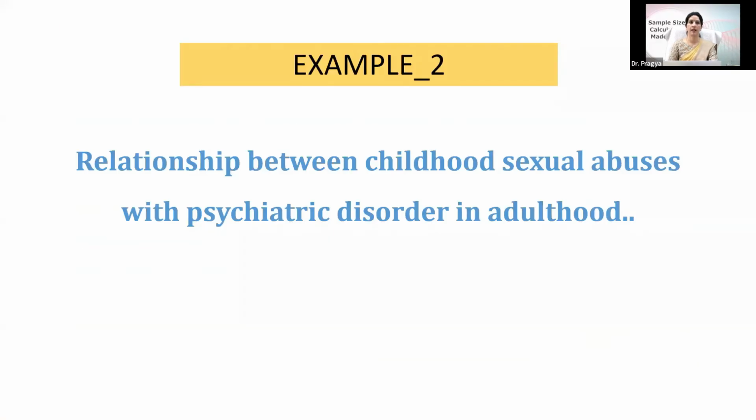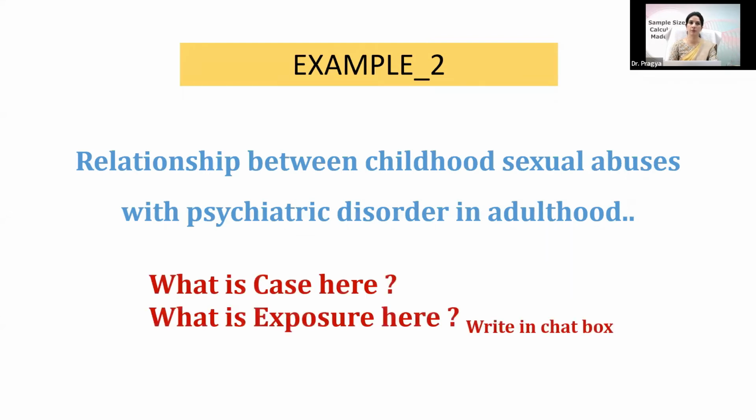Now the third example is the relationship between childhood sexual abuse and psychiatric disorder. In this case, what is the exposure and what is the outcome? Please write in the chat box. So the case here is psychiatric disorder. Yes. And the exposure is childhood sexual abuse.